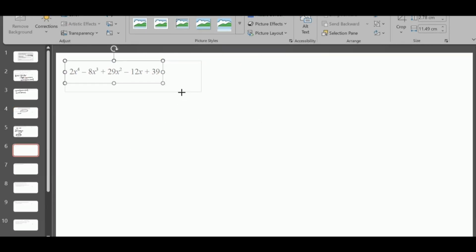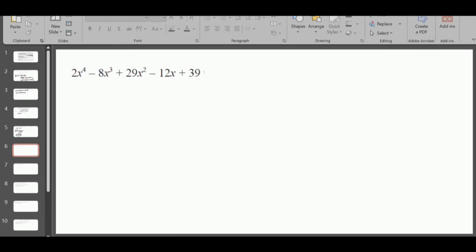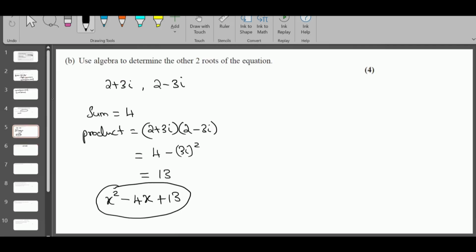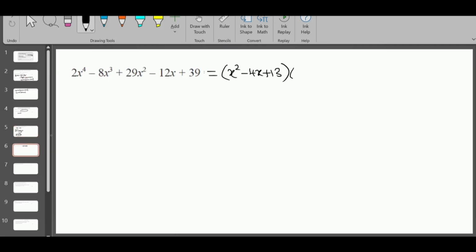Okay, so I have taken the function and write it as equal to x square minus 4x plus 13. We got this quadratic factor by using the 2 roots here, right? And then there will be another quadratic factor, ax square plus bx plus c. How do I know it's going to be another quadratic factor, not a linear one? Because it is x power 4. So when you multiply these two, you will get x power 4.